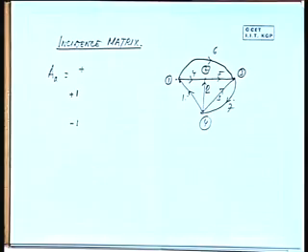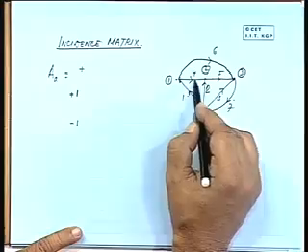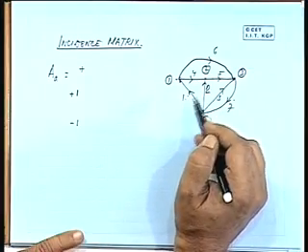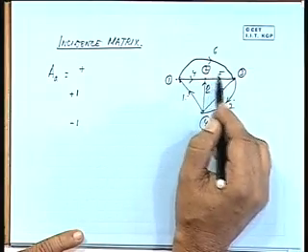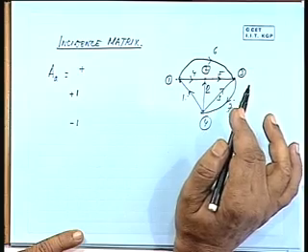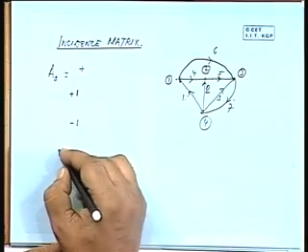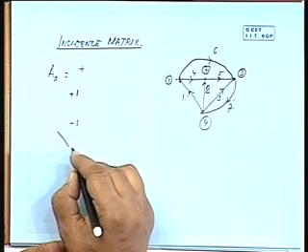So, going away means +1, entering a node is -1, going away from a node it will be given +1, going into a node it will be given a -1 sign, and it is not present anywhere else, so it will be 0. So, for this we write the matrix like this.